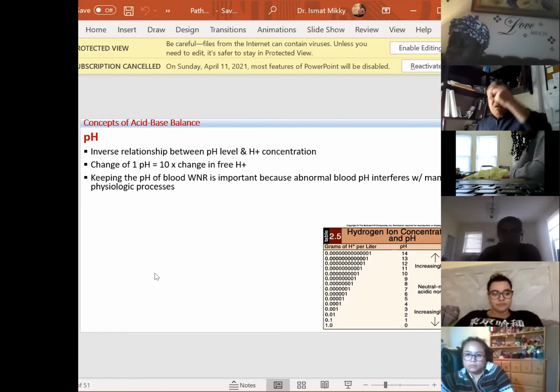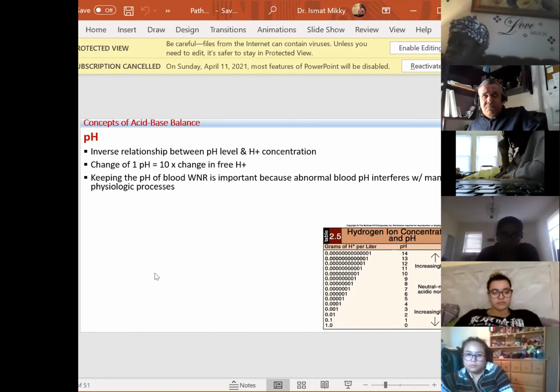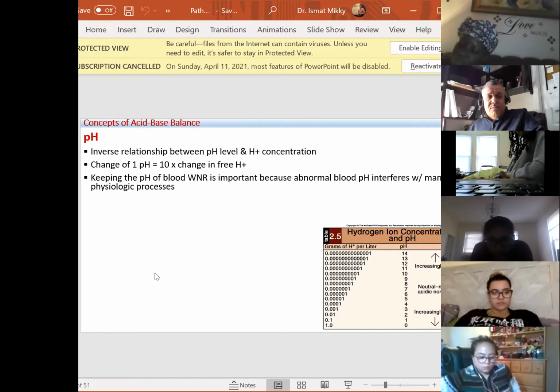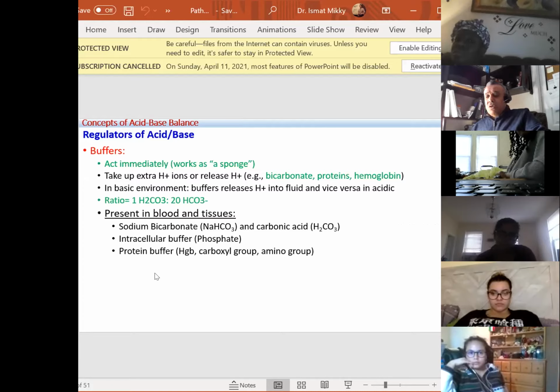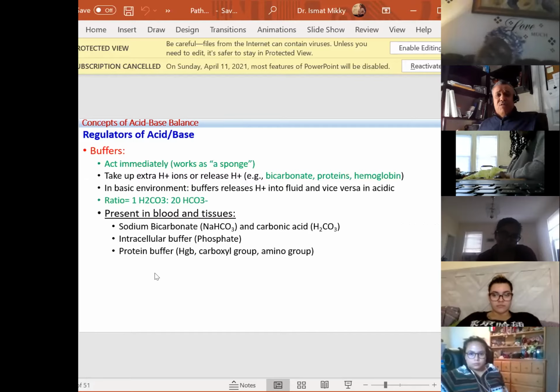So more hydrogen ion in the media will drop the pH, making it less than 7.35, because we know the normal range is 7.35 up to 7.45. That's the range for a normal pH of the plasma.